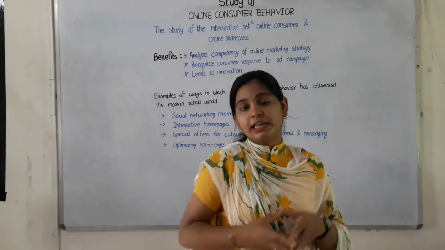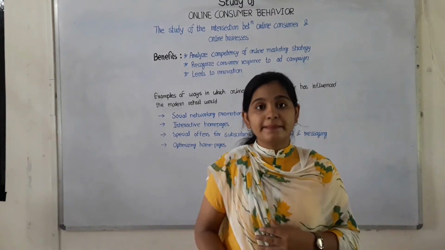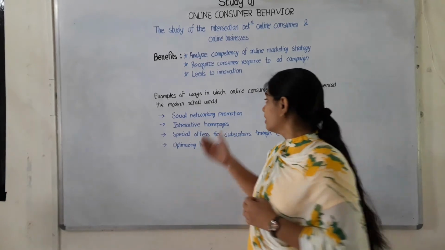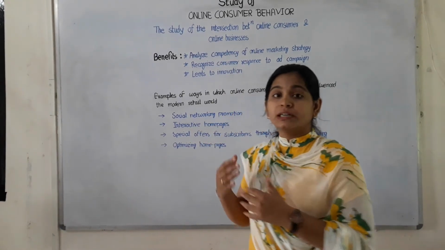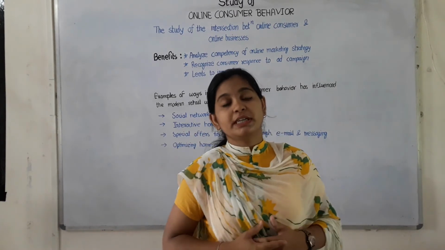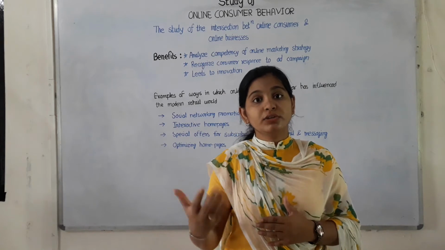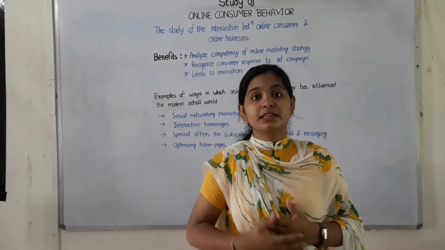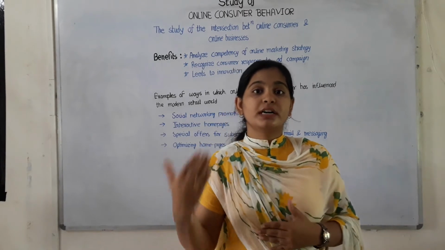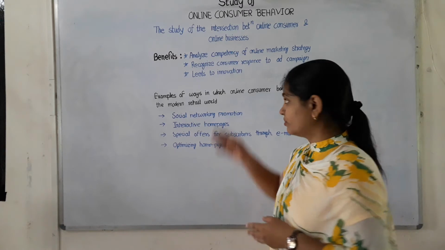By knowing the online consumer behavior, the marketer implements social media marketing. With the use of social media marketing, they can interact with consumers individually and personally, which further results in effective customer relationship management. So this is one example of this study.